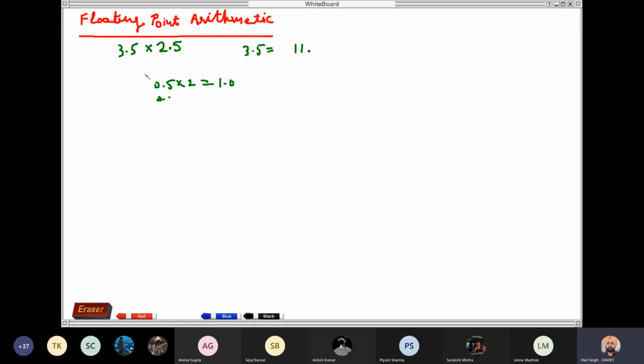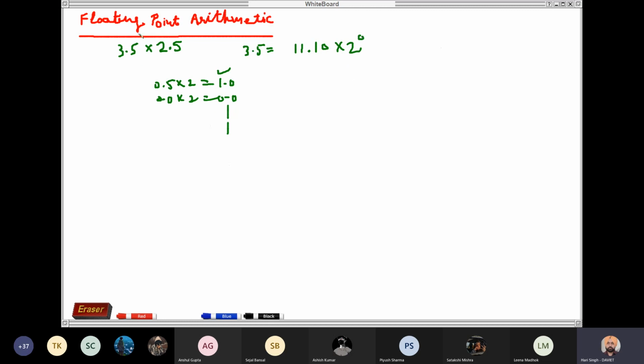Then 0.0 into 2 will be 0.0, and so on, because after that you will find zeros in this string. So it will be 11.1, say 11.10, into 2 power 0.